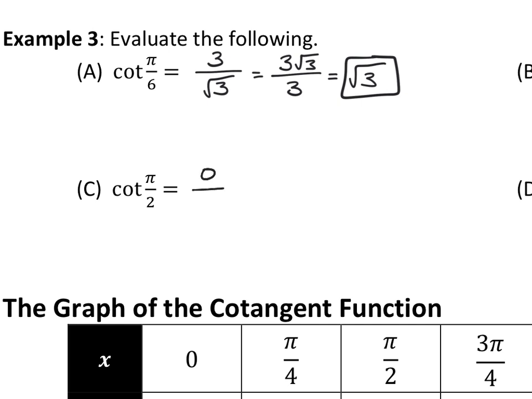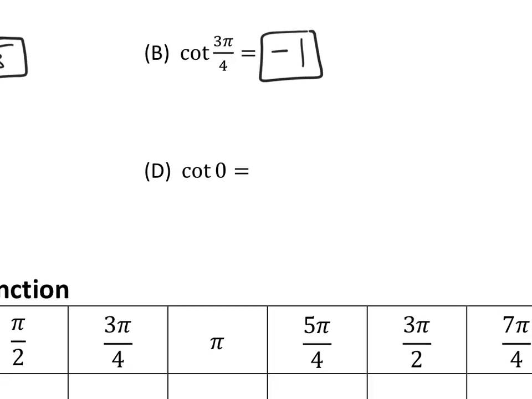Well, at pi over 2, cosine is 0, and sine is 1, which means that the cotangent of pi over 2 is 0. But if we go look at 0 on my unit circle, cosine divided by sine here would give me 1 divided by 0, and that's where I'm going to have yet another undefined value.